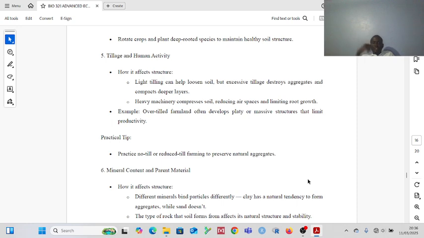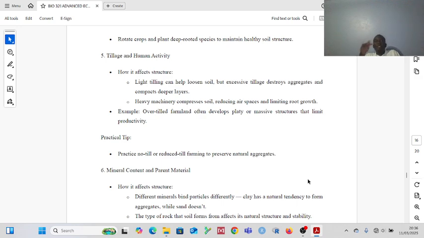It destroys the aggregates. Then when you have heavy machinery, for example where there is a road, heavy machinery that is passing a particular place, it compacts, it compresses the soil. Okay? It compresses the soil.